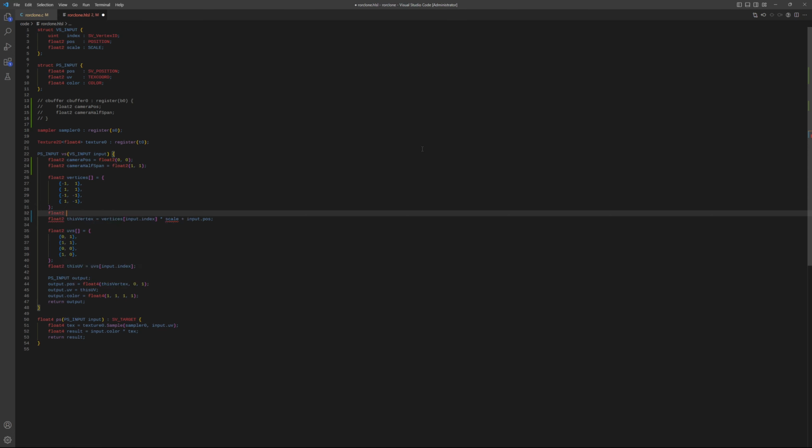So let's scale. Well, if the camera span is 2, and the span of this rectangle is also 2, then that means that the scale is 1. So there is no transformation necessary.